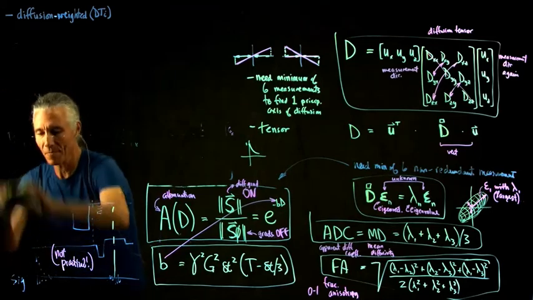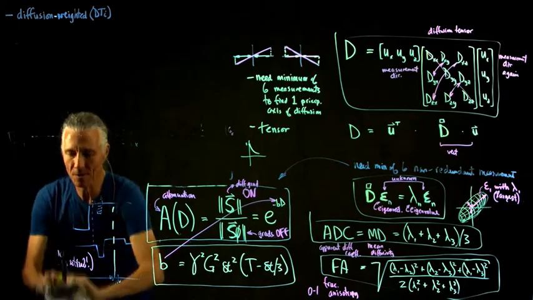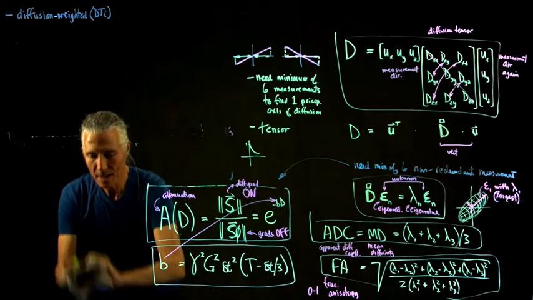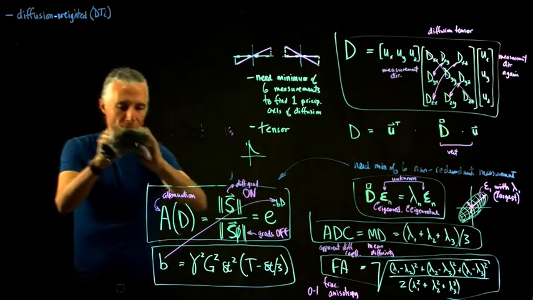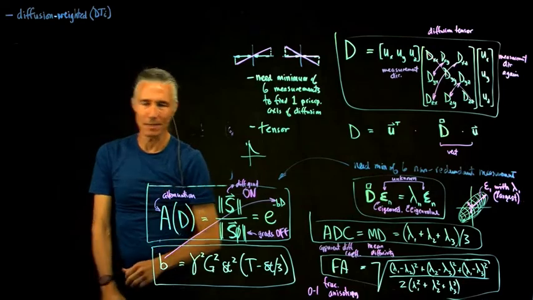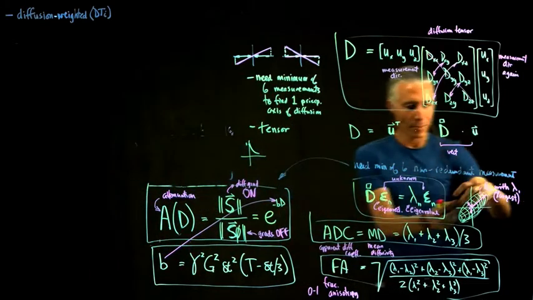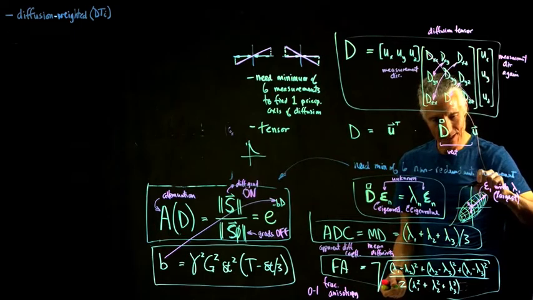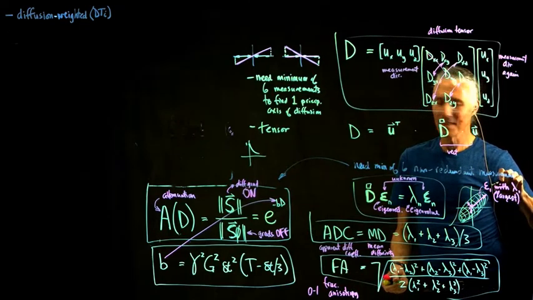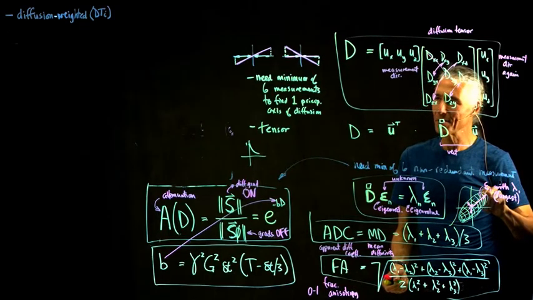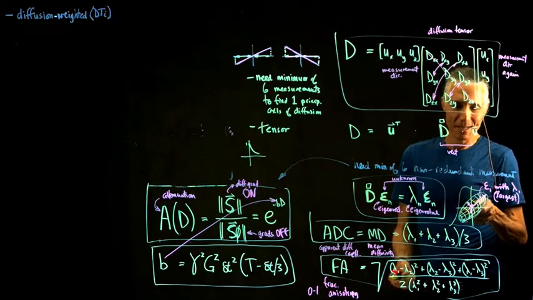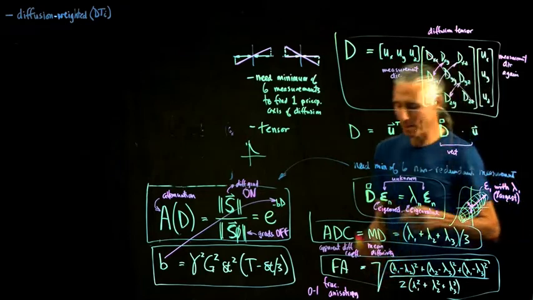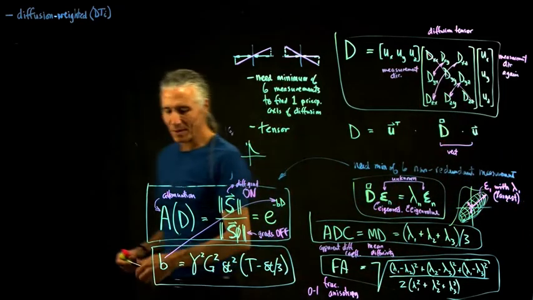The only thing we're allowing is for the diffusion to be different in different directions, but it still has to be Gaussian. So this little pill is a Gaussian pill in one direction, a Gaussian pill in the second principal axis, and the third principal axis. But what if it's not like that?